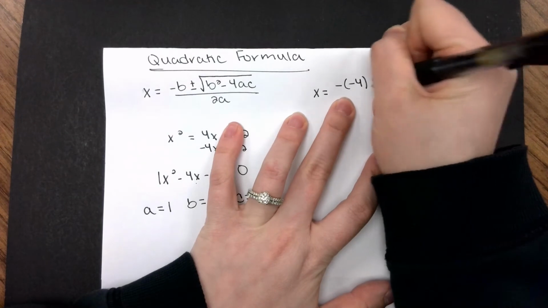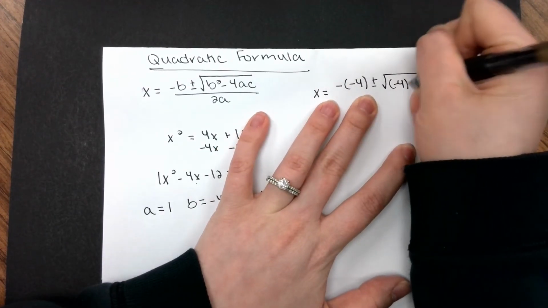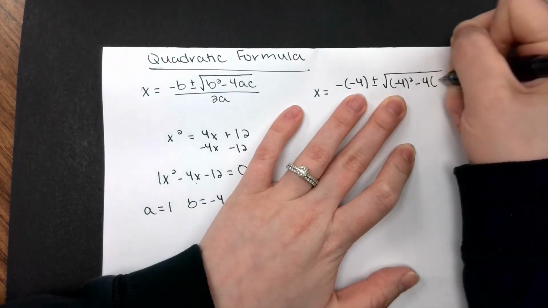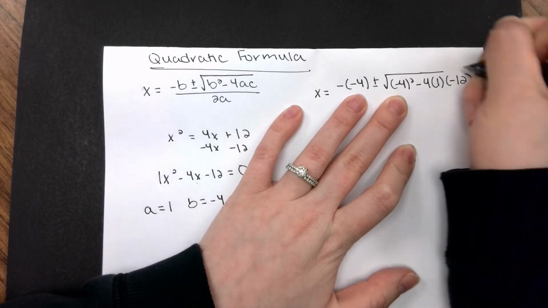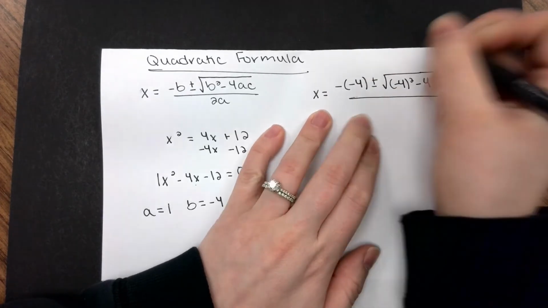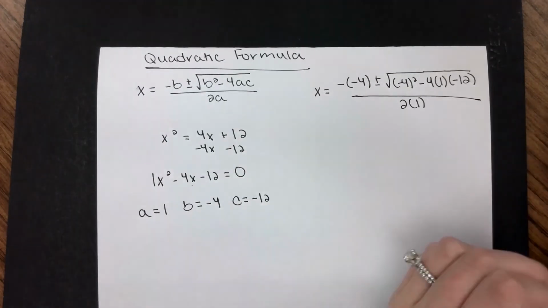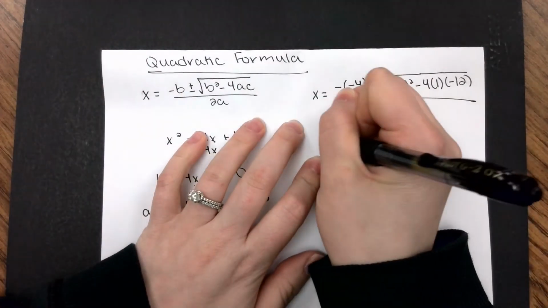Okay, plus or minus the square root, again parentheses, negative 4 squared, minus 4 times a is just 1, times c is negative 12. That's all under the square root. All over 2 times a, which is just 1. That doesn't really change anything. I'm still going to write it down just because occasionally you'll have something other than 1 and you don't want to forget about that.